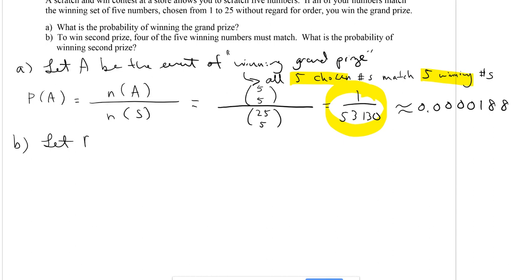So let B, okay, so what is B? B is to win the second prize. 4 of the 5 winning numbers must match. What is the probability of winning second prize? So let B be the event of winning second prize.